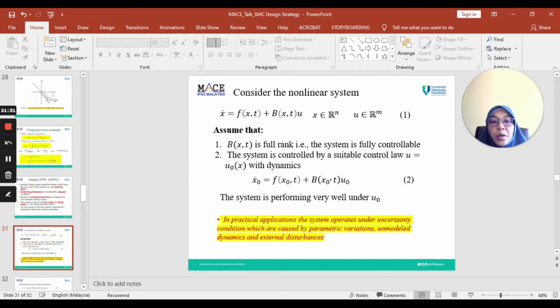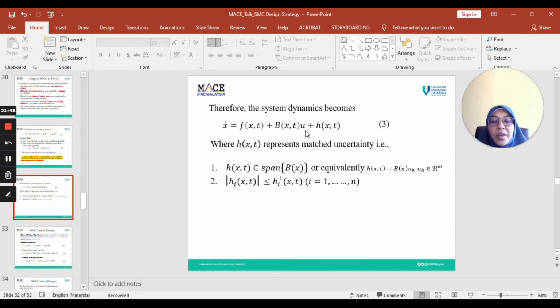When this system performs very well under U naught. Okay, however in practice we always operate under uncertainty, so we have to include uncertainty in our system dynamics, where this h(x,t) represents a matched uncertainty.